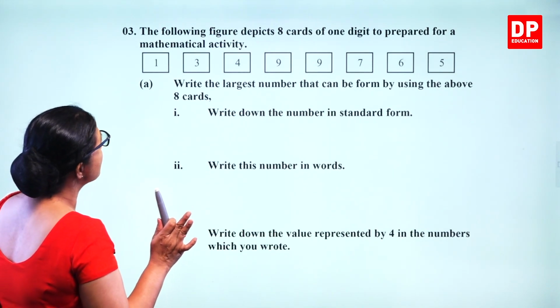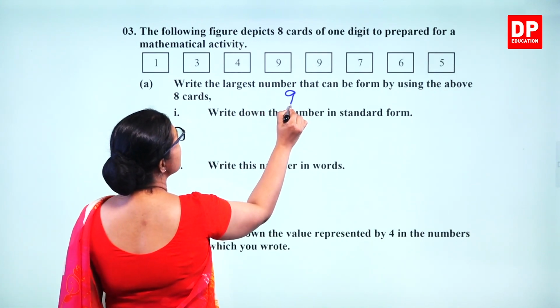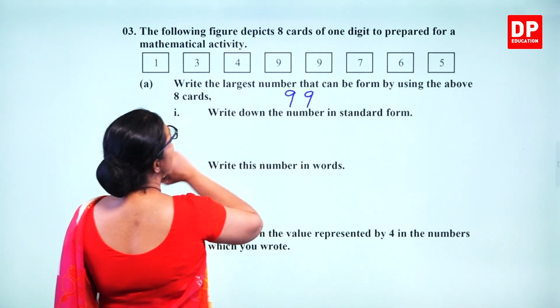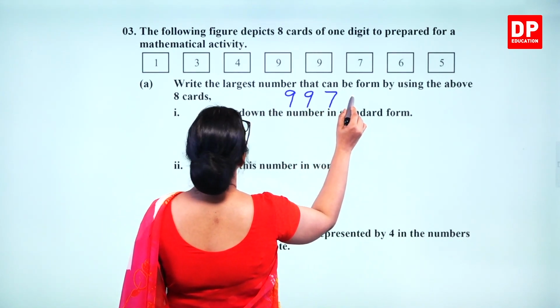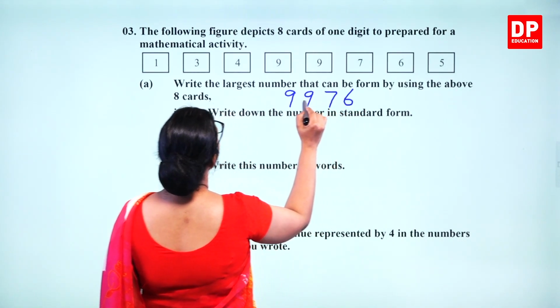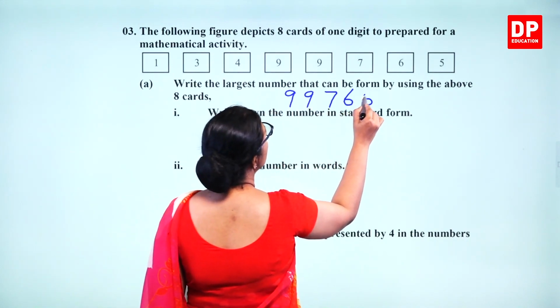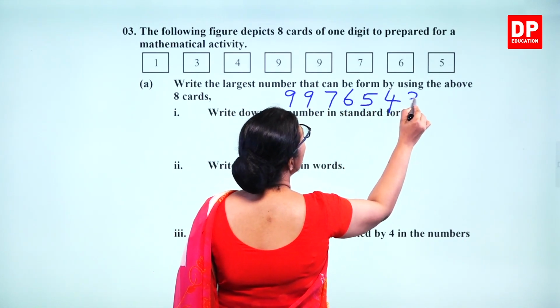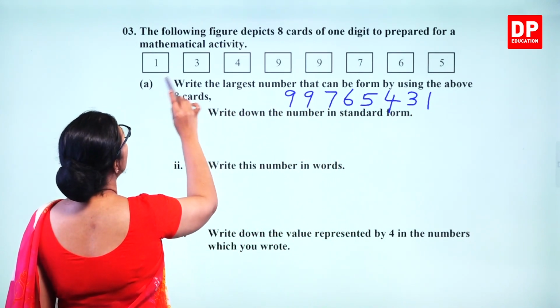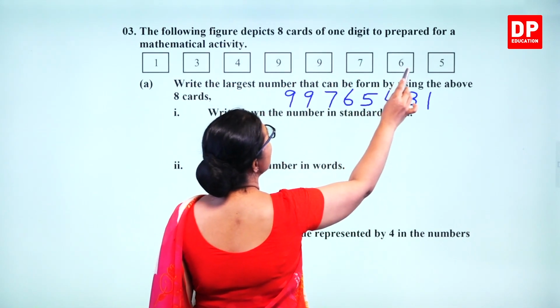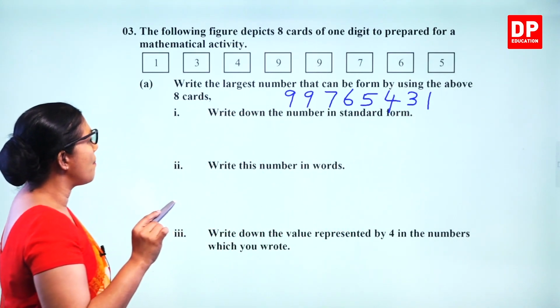Largest number first. 9. Then largest one. Then next you get 7, 6, 5, 4, 3, 1. 1, 2, 3, 4, 5, 6, 7, 8. So that's the largest number.